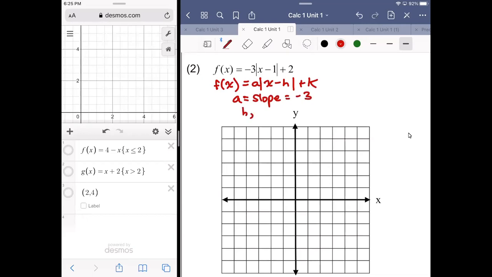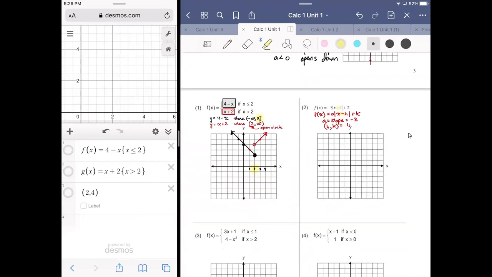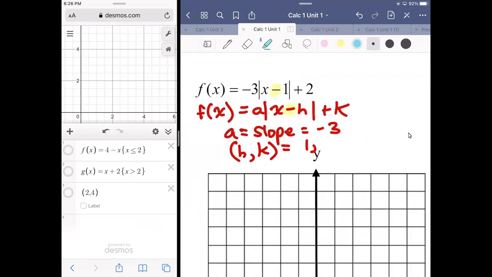The H and K, since the negative is already built into the equation, it becomes irrelevant. So H must be equal to 1. And the K value, because they're both positive, the positive signs become irrelevant. Oh, that zoomed out on me for some reason. Those are irrelevant, and so we would say that the K value is equal to 2.